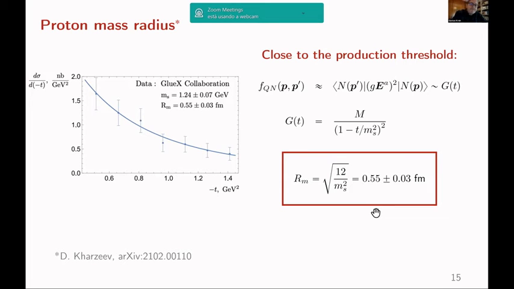So you see the data, and although the scattering length is very small, you still can make some predictions. This is much richer than just the scattering length, because this is not forward; it's a bit off forward, such that you can take the derivative here, but then you have to extrapolate, and all these issues appear here again.